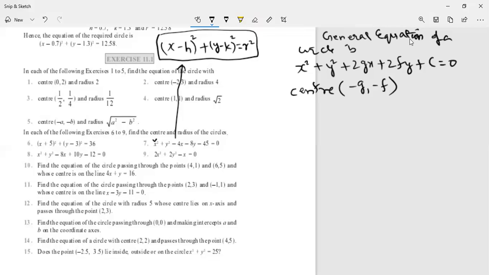Compare it with this one to get the center, like we did in the previous question, where we compared it with (x minus h) whole square plus (y minus k) whole square is equal to r square to get h and k.